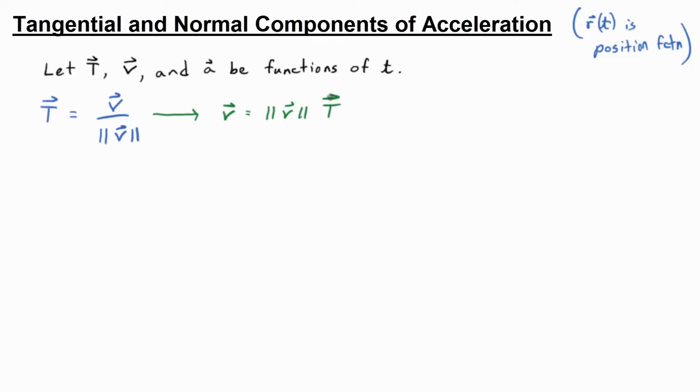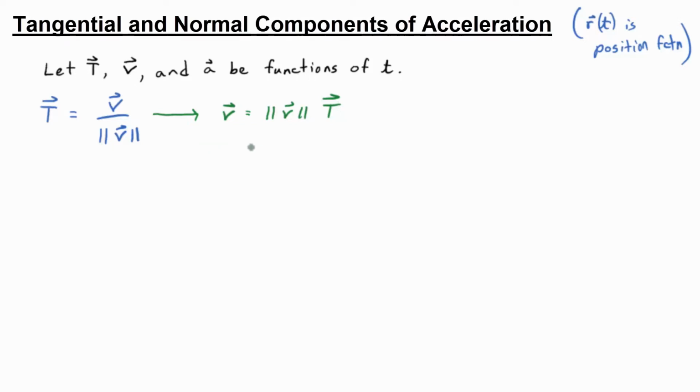I just multiplied both sides by the magnitude of v and turned it around. Now remember, everything's a function of t here. V, the velocity vector, is a function of t. The magnitude of the velocity vector is a scalar function of t. And T, uppercase T, is a function of lowercase t. So we've got a scalar function times a vector function. We can use the product rule once again to find the derivative, which would give us the acceleration vector.